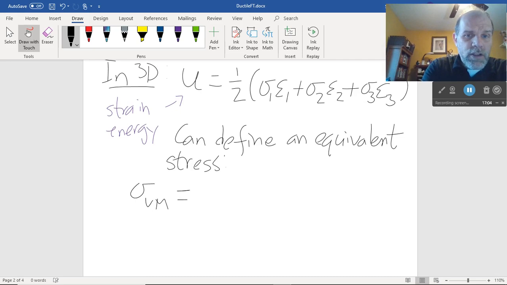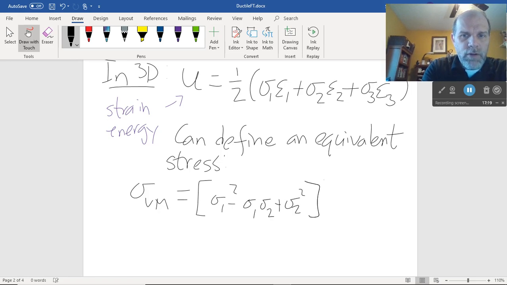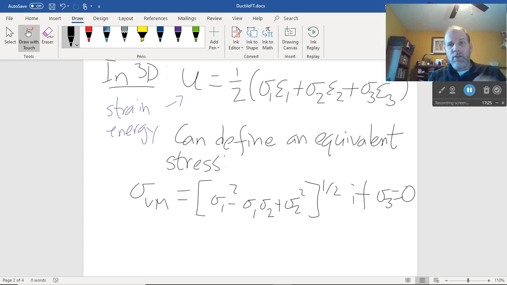And it's going to turn into, for the case of two non-zero principal stresses, for the case of plane stress, sigma 1 squared minus sigma 1 sigma 2 plus sigma 2 squared, all to the 1/2, for the case of plane stress where sigma 3 is 0. Okay, great.